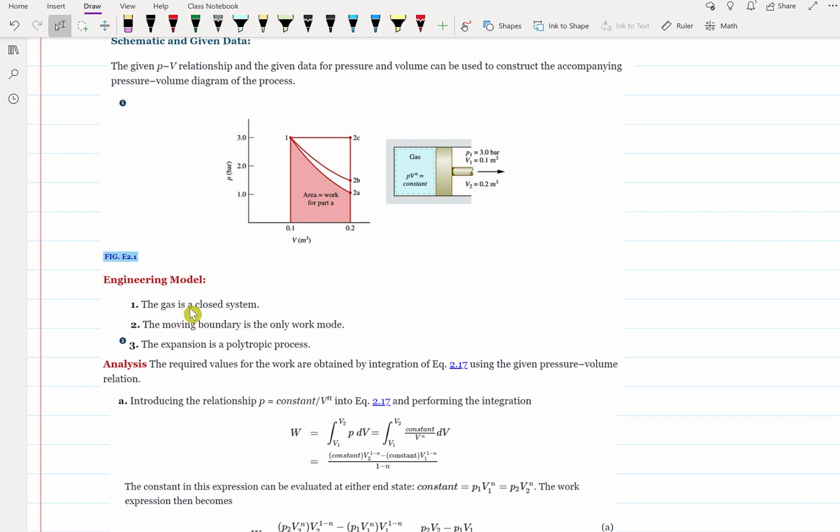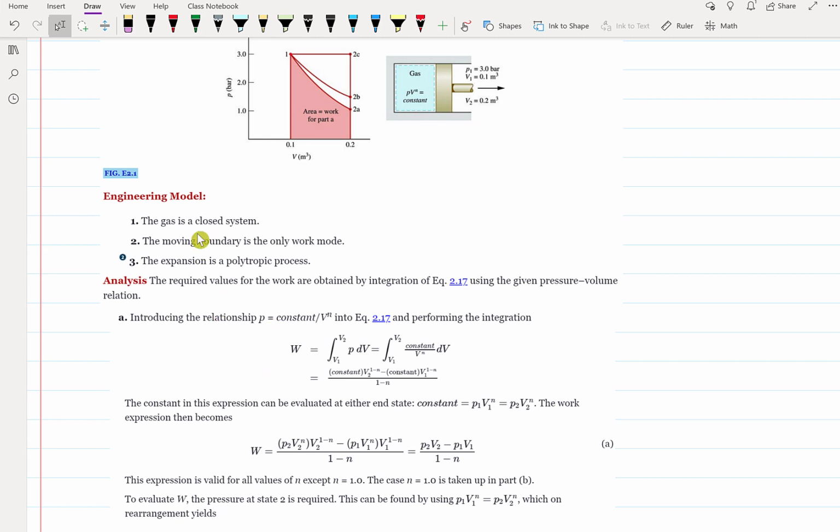The system is a closed system. The moving boundary is the only work mode, and the expansion is a polytropic process. So we will determine the work at three different exponents.